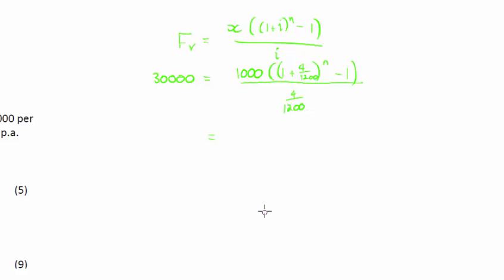Similar to the previous one. See if you guys can do it this time. Okay, so we have 1 plus i. Just going to keep it as an i for now, even though I know what i is. I've got 30,000 times 4 over 12,000 divided by 1,000.